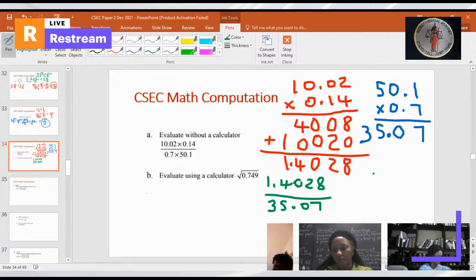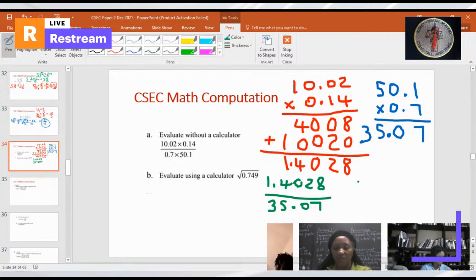So it's 35 into, let me see, you'd move the decimal places to the end. When you're dividing, you put it in like the dividing state, and you move the decimals to the end.